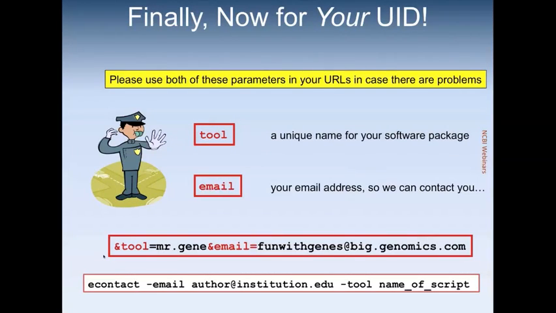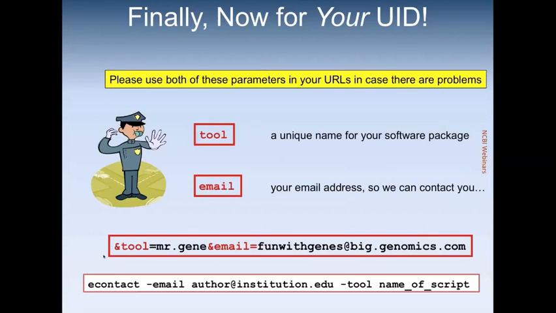One is that when you use the utilities, it's important for us to understand something about what you're doing to prevent problems. So we really encourage you to use these 2 parameters. These are non-functional parameters, but they essentially identify you to us. So in the case that there are issues, we can contact you about what's going on.